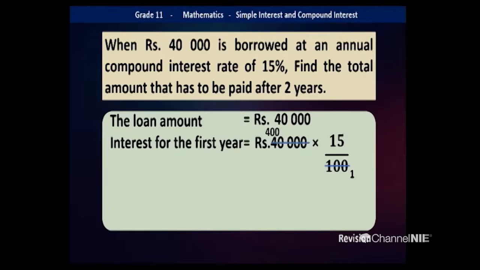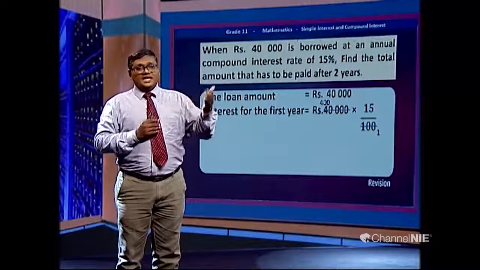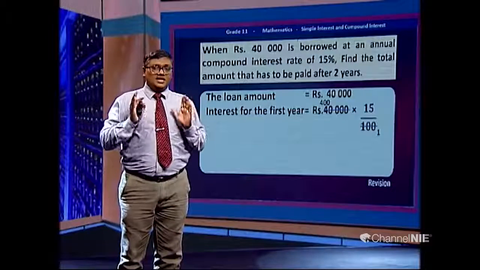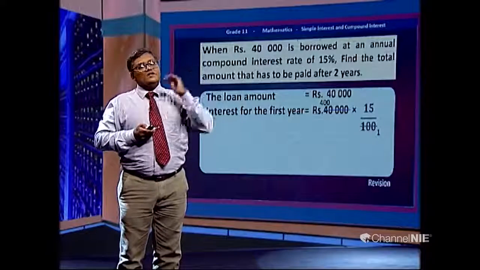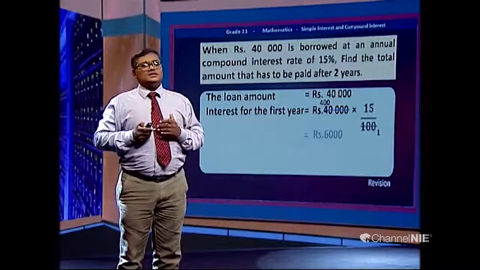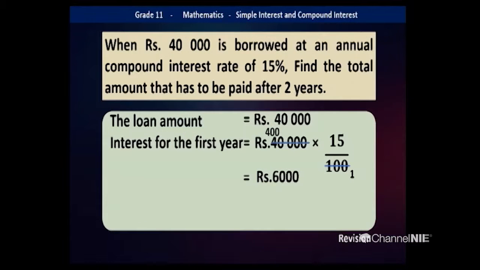You can watch this again and again and you can follow this. Now it is on the YouTube channel. If you miss this one, you can try again and again under the channel NIE, right? Remember that also. You have to practice it. Then you calculate the interest for 1 year, that is 6,000. First year interest is 6,000.